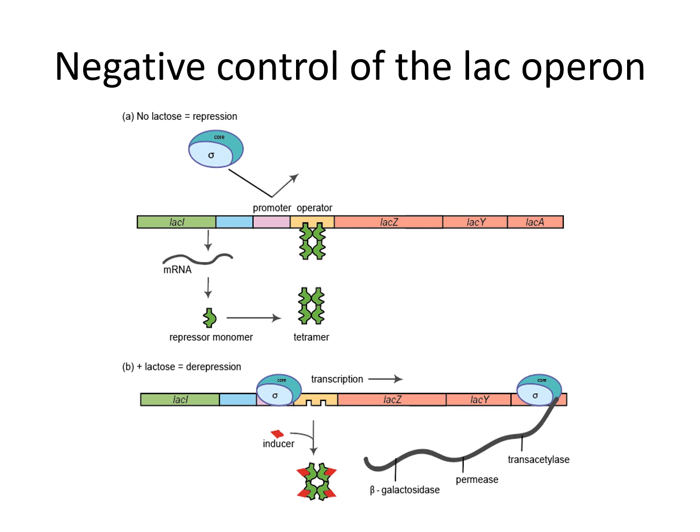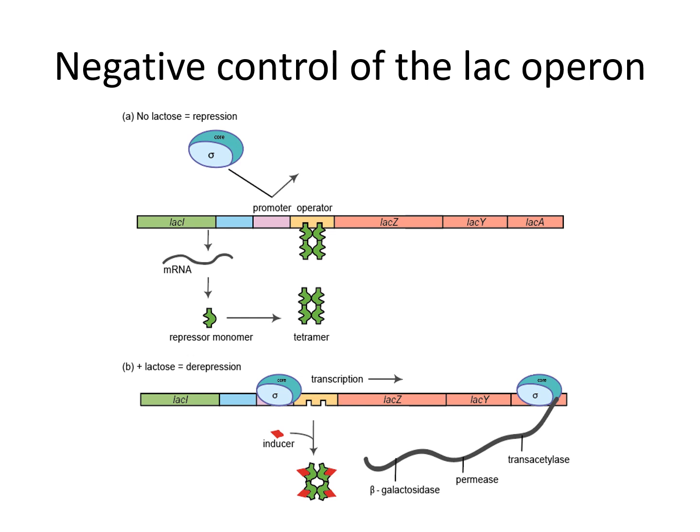And this is the typical example of negative control, the lac operon. In panel A, when there is no lactose, the lacI gene produces the repressor, and the repressor binds to the operator, which basically overlaps with the promoter region. Therefore, RNA polymerase will not be able to bind to the promoter, so no transcription.